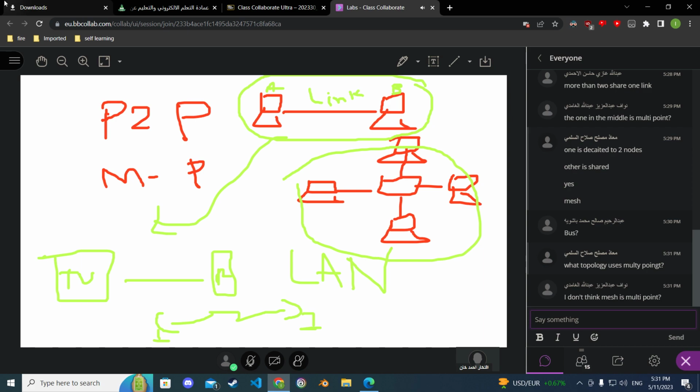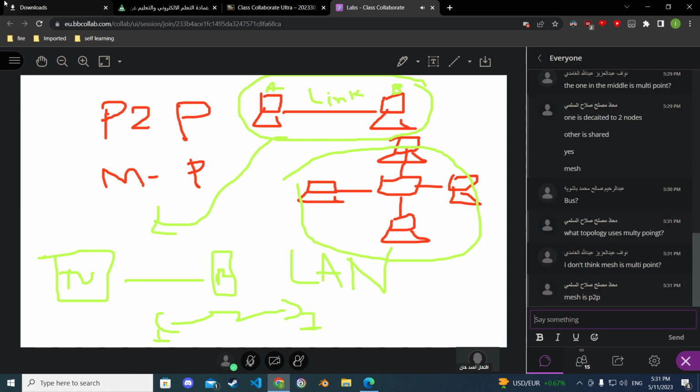Multi-point: star, mesh. Yeah, mesh is also. So star is the best example of multi-point. Last time we discussed different types of topology.